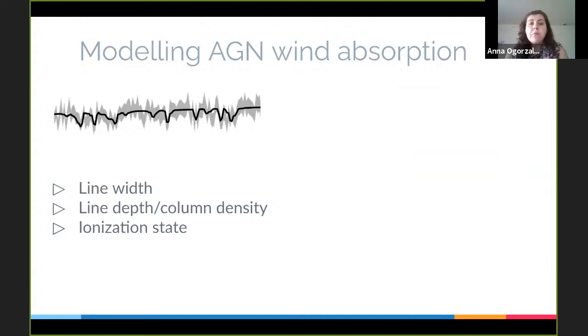So when we want to model these absorption features, we look at their widths and depths as well as ionization state. And one method to derive the physical properties of the wind is to look at individual absorption features and guess what ionic species they're from. And then based on that, determine their ionization parameter and velocity.